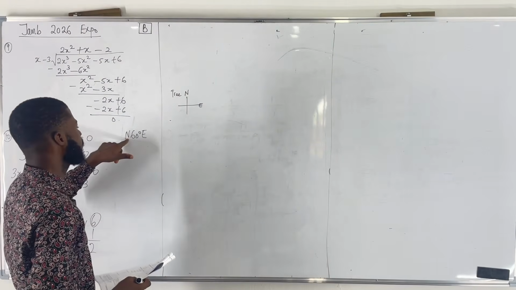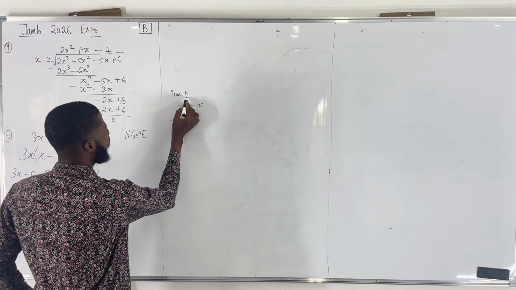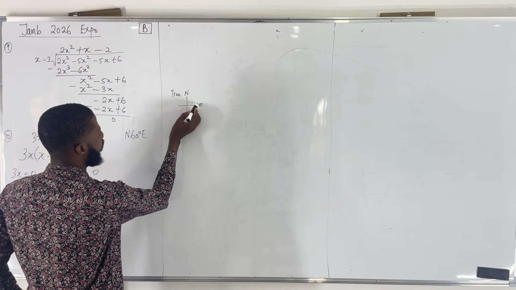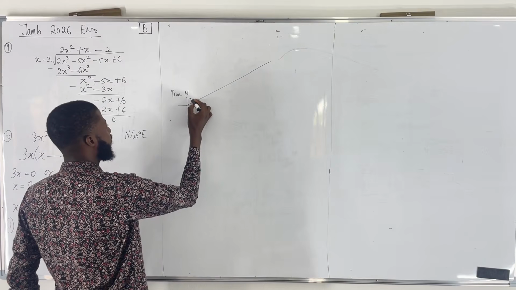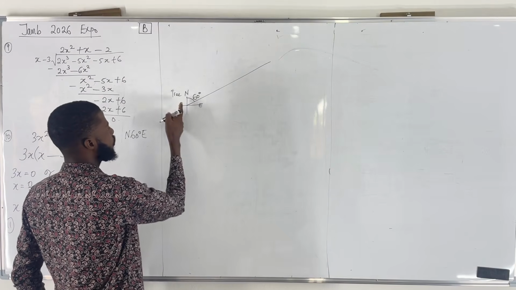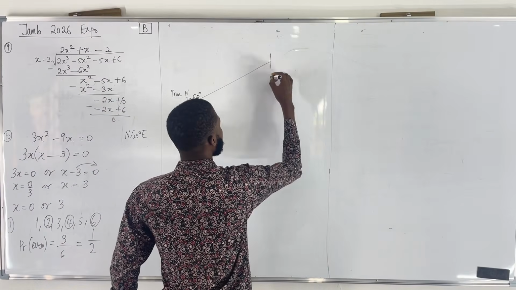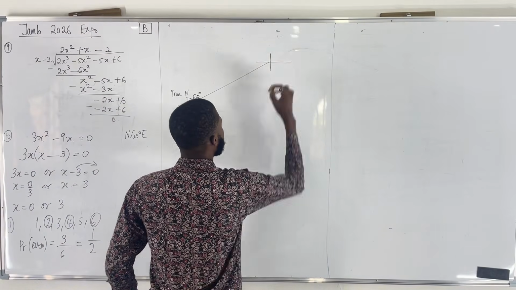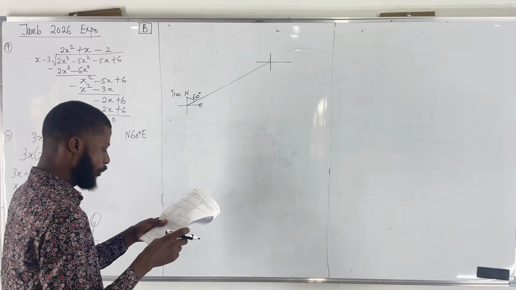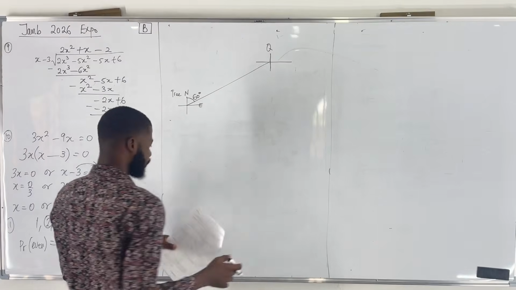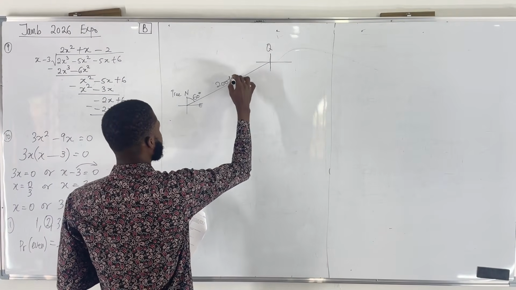So from the north, move 60 degrees towards the east. So this angle right here is 60 degrees. This will be our next point, a building Q, a distance of 200 kilometers.